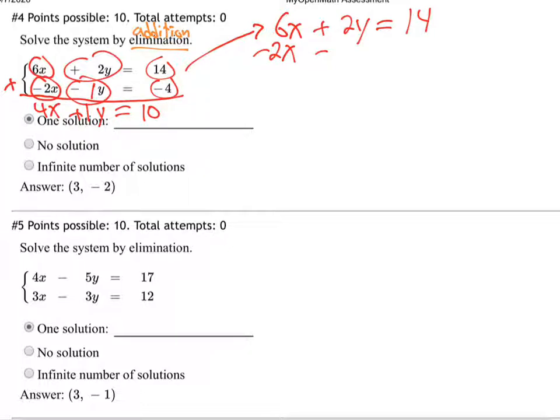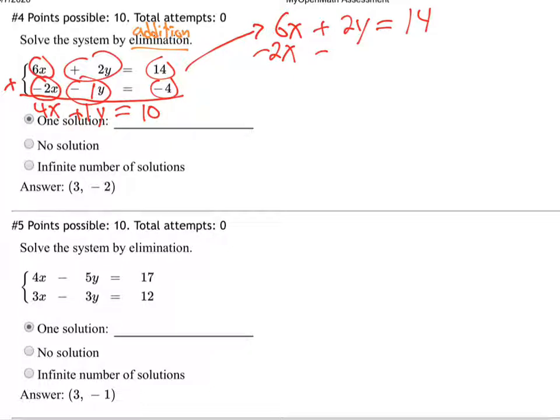So I just added up the x's, added up the y's, added up the numbers, and notice nothing eliminated. I wanted something to eliminate, so that didn't work. I wanted either x to drop out or y to drop out. Because see, here's the deal. We can't solve it while we still have both letters.